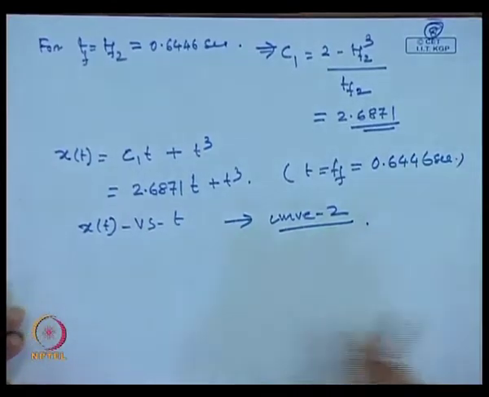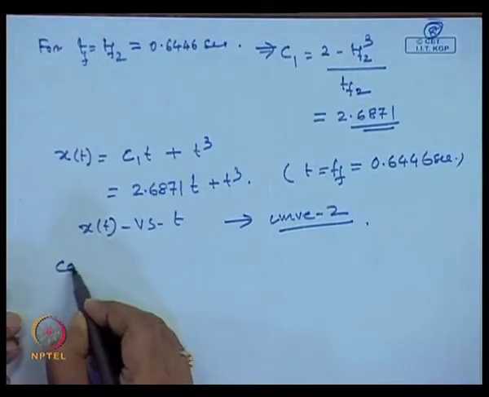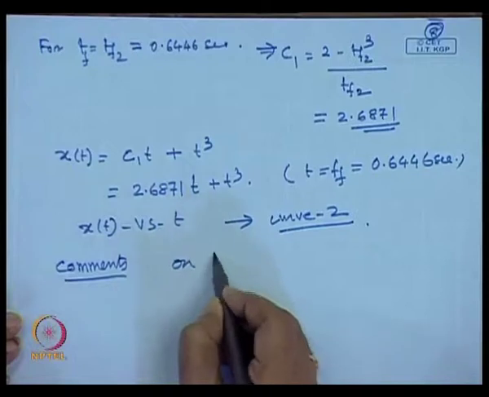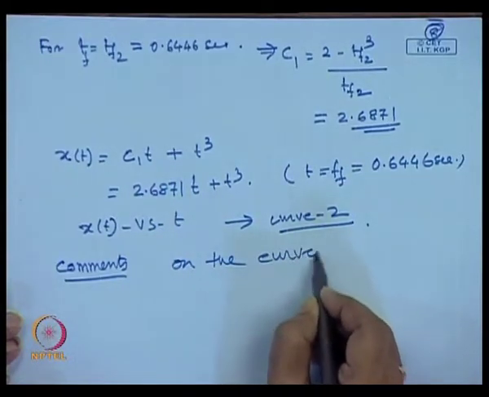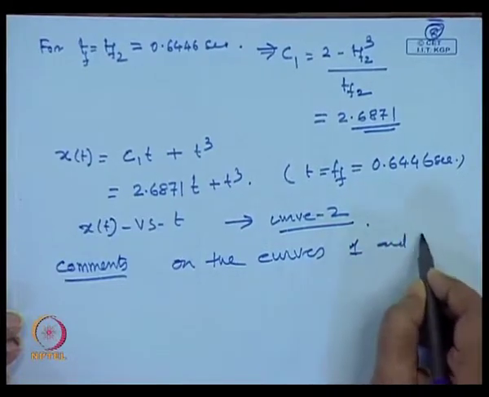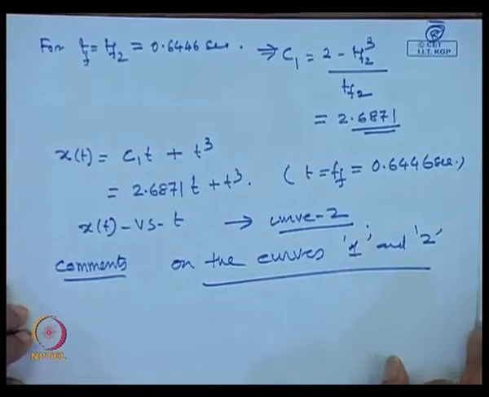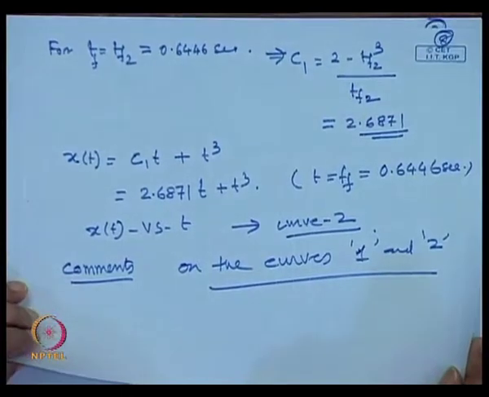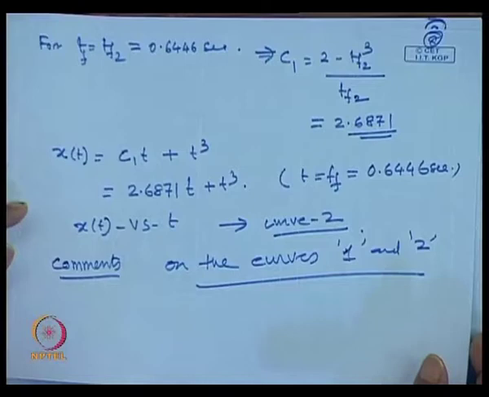So, I advise you to make your comments on curves 1 and 2, which I asked you to plot: which one is giving the maximum value of the functional, and which trajectory will give you the minimum value of the functional.